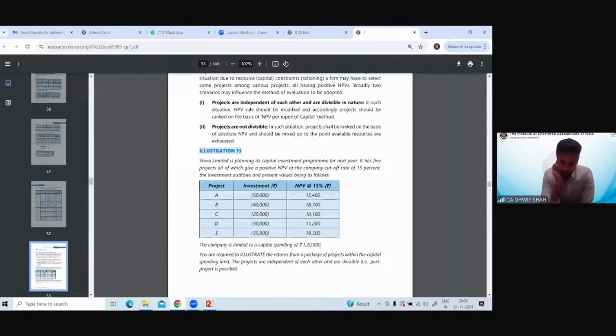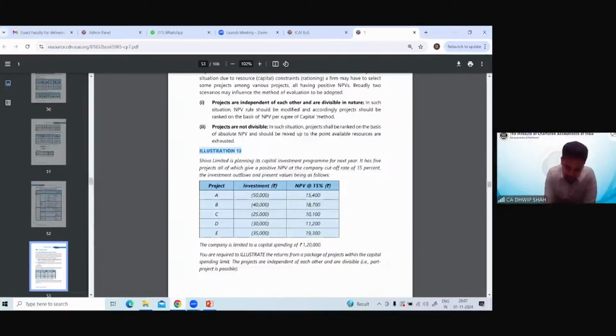Shiva Limited is planning its capital investment program for next year. It has 5 projects, all of which give a positive NPV. So ideally, as per NPV technique, all the projects should be undertaken at the cutoff rate of 15%. Means discounting rate is 15%. The investment outflows and the present values being as follows.